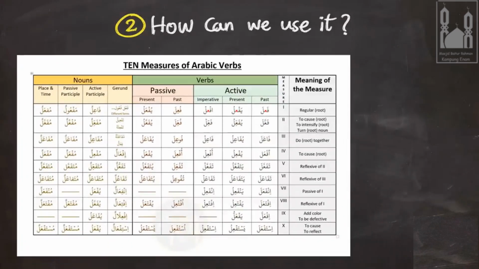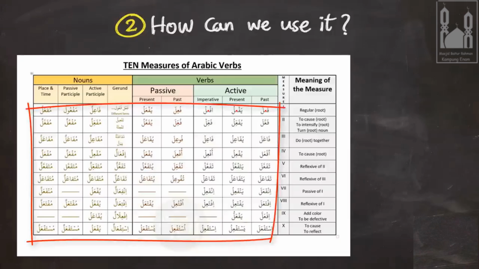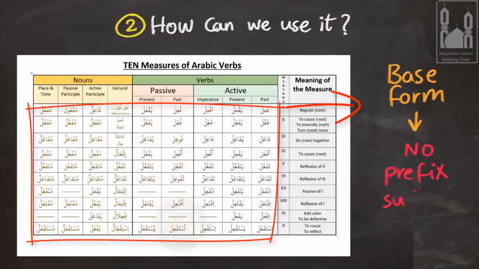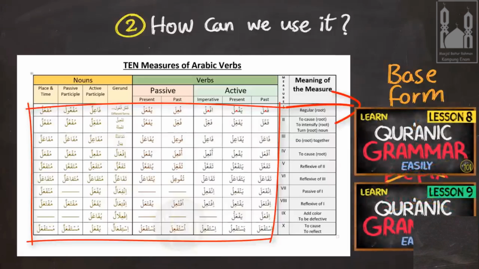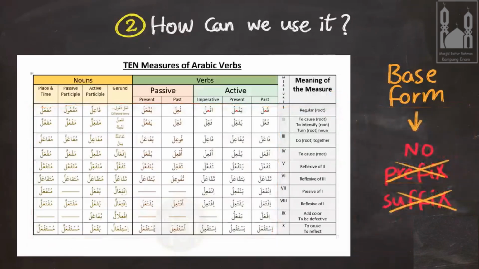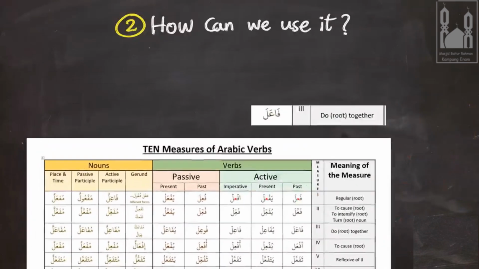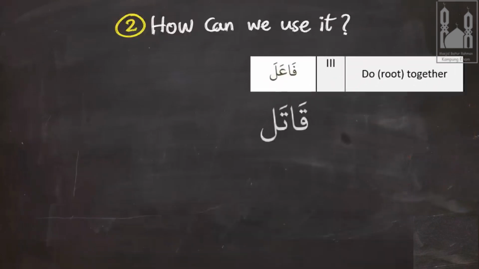The patterns that we see here all represent the verbs in their basic or base form without prefixes or suffixes. This means that what we have learned in lessons 8 and 9 about pronouns and verb conjugation will be very important in this situation, because then you can add these prefixes or suffixes to the beginning or the end of the verb to properly conjugate it.